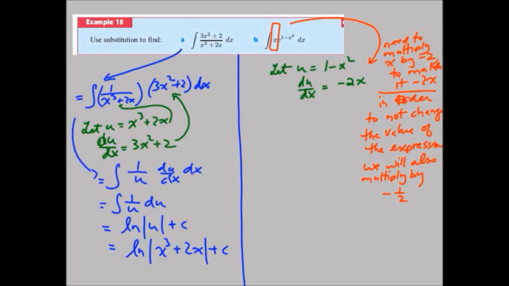Okay, because negative 1/2 multiplied by negative 2 is just equal to 1. So we're multiplying by the number 1, just that the number 1 looks like negative 1/2 multiplied by negative 2.